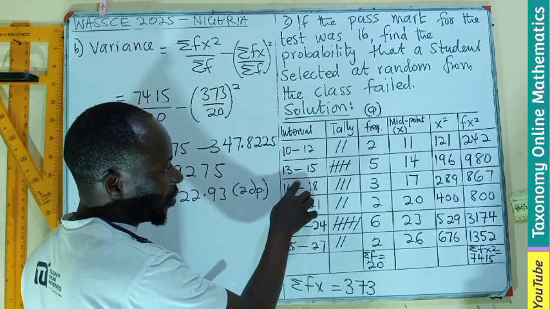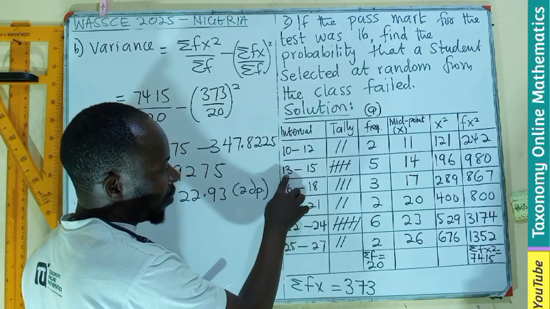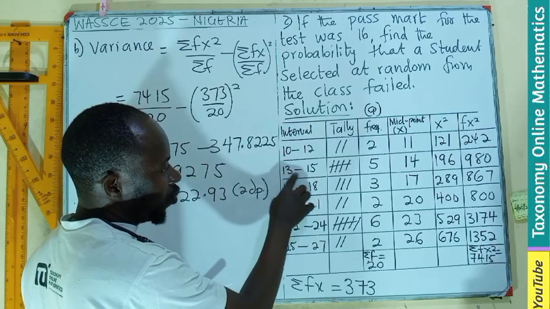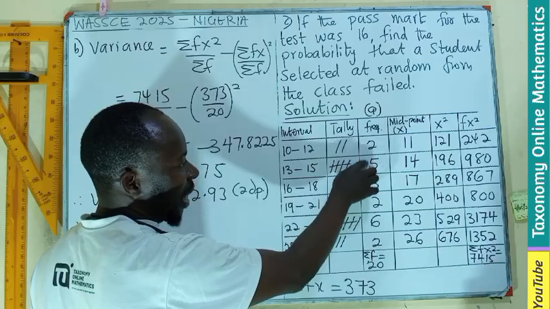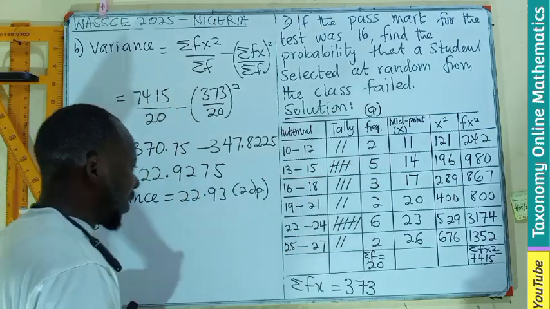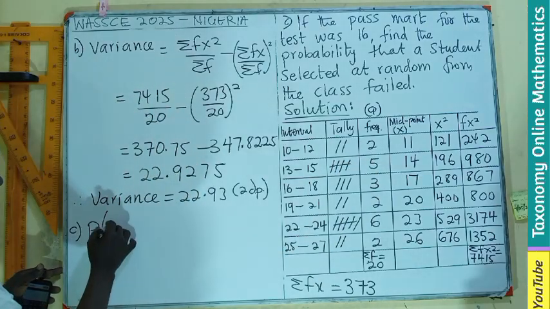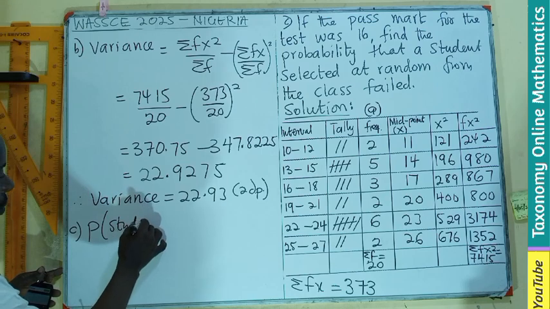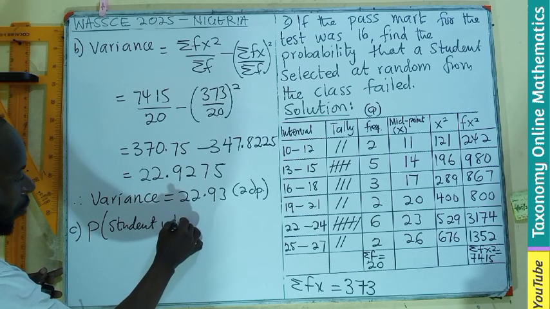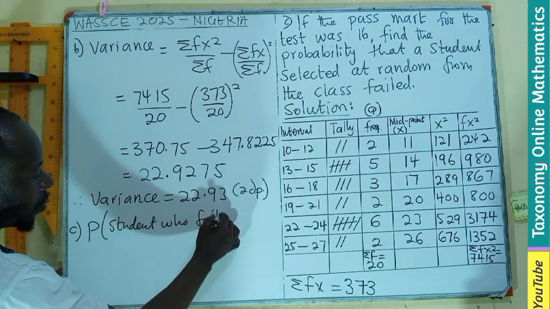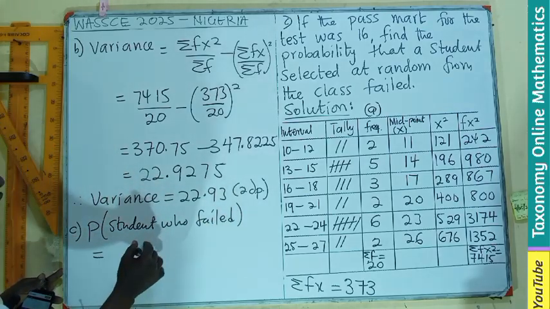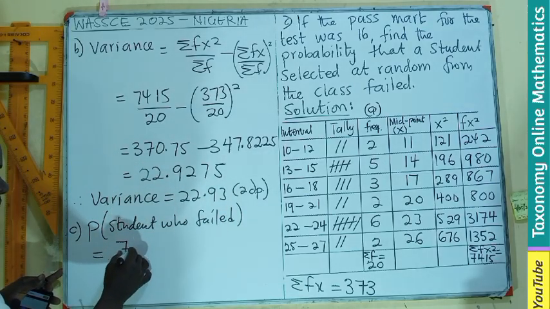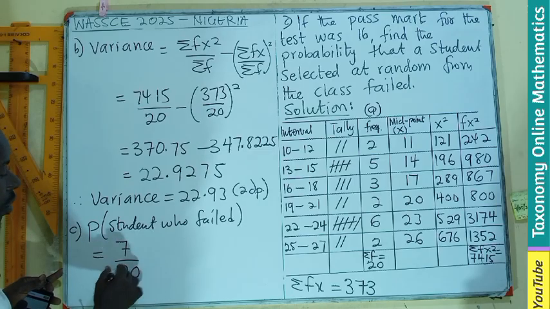So those who fail are from 10 to 15, and there are only 7 people here, that is 2 plus 5. So the probability of students who fail is equal to the number of them, which is 7, divided by the total number of people in the class, which is 20.